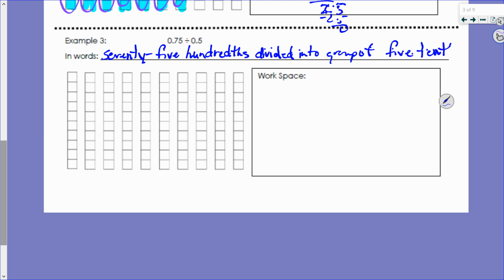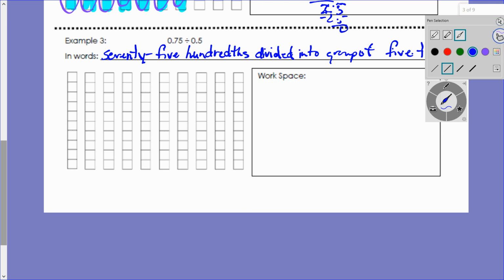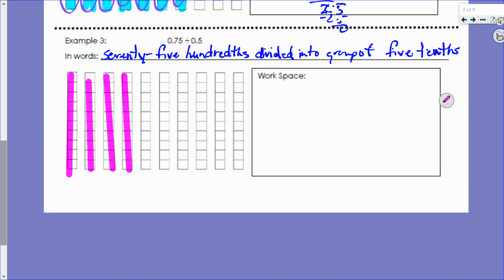Yes. So let's go back to our coloring. We'll start with the outside. So if I'm looking at 75 hundredths, our picture's going to look just like that last one, right? Yes. So I've got 7 full stacks. And 5 in that last one.